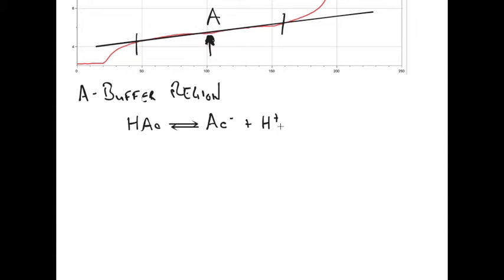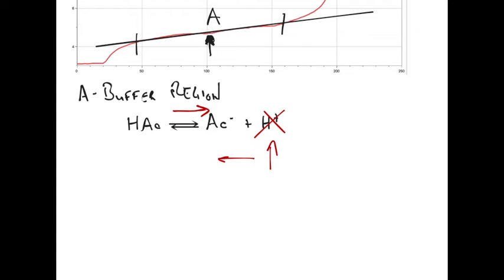This is important because if you are adding an acid to your buffer region, you are essentially adding protons, and the reaction will shift to the left. Conversely, if you're adding base, you are removing protons, and the reaction will shift to the right to undo that change.